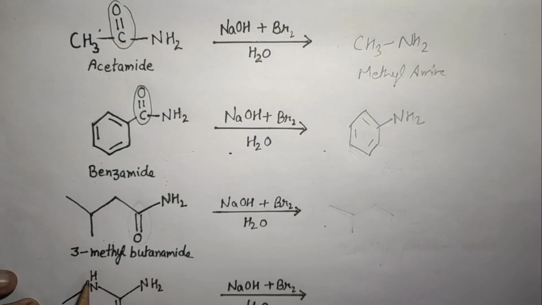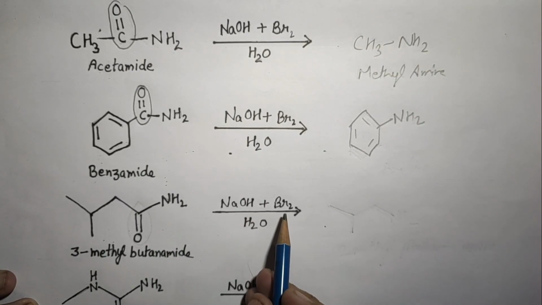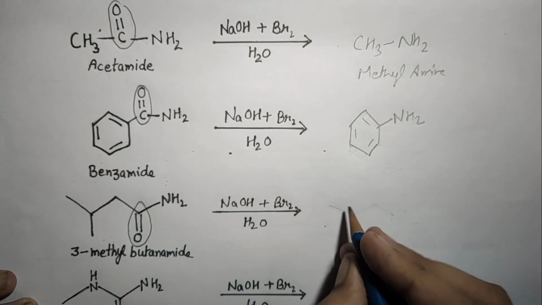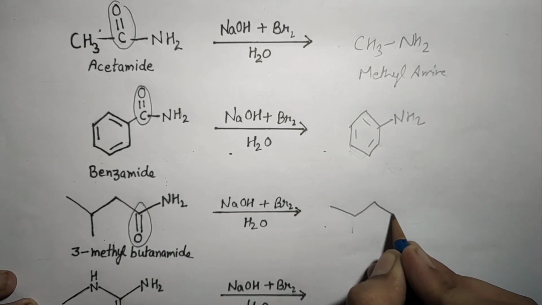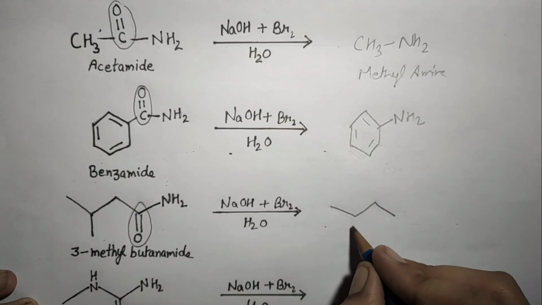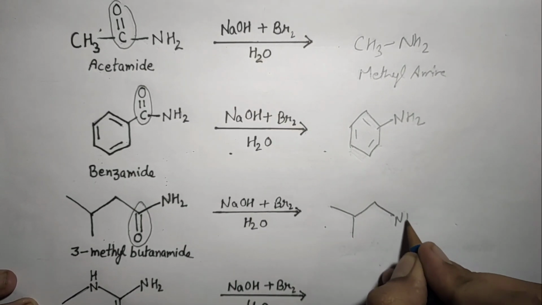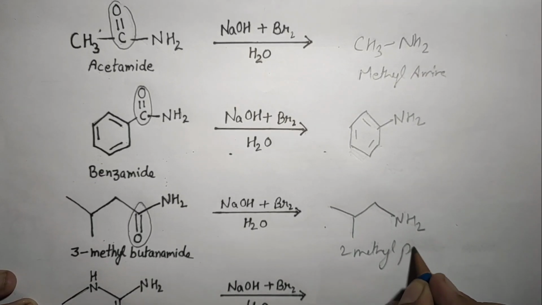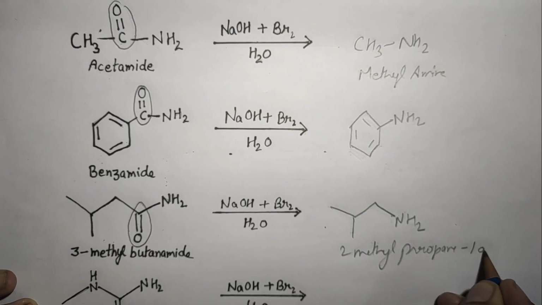Now, when this 3-methyl-butanamide reacts with sodium hydroxide and bromine, again this C double bond O group gets removed and we get this 2-methylpropan-1-amine.